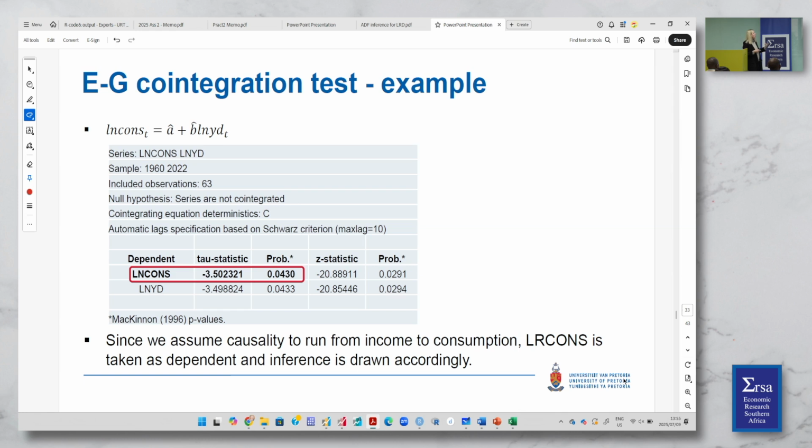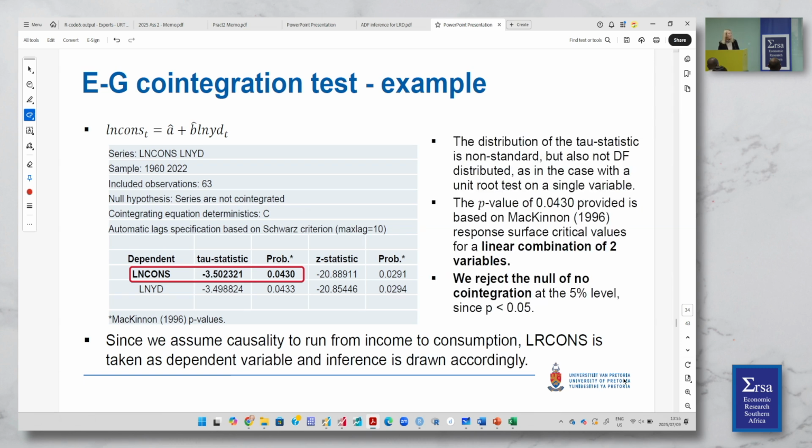When running a regression like that, you've already taken the decision to normalize on consumption. Even though there may be feedback effects, this is one example where we believe that income is indeed a causal factor for consumption.